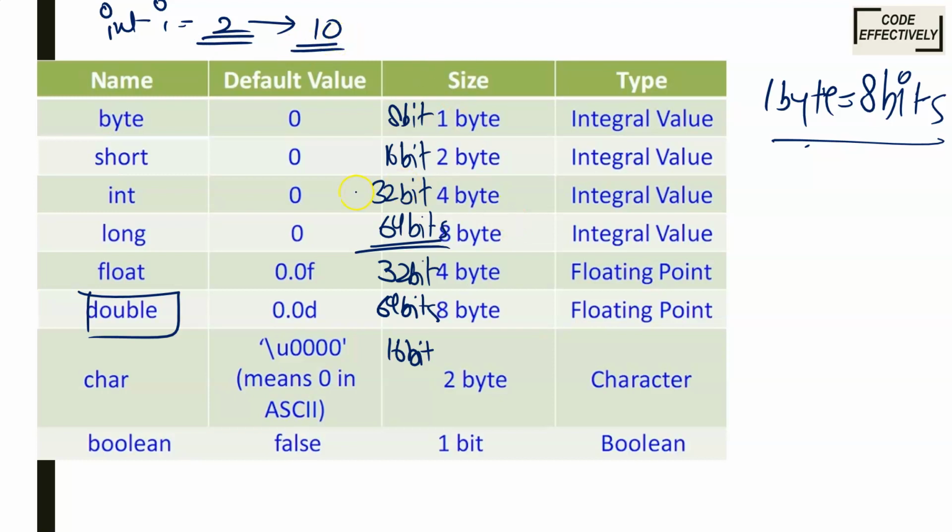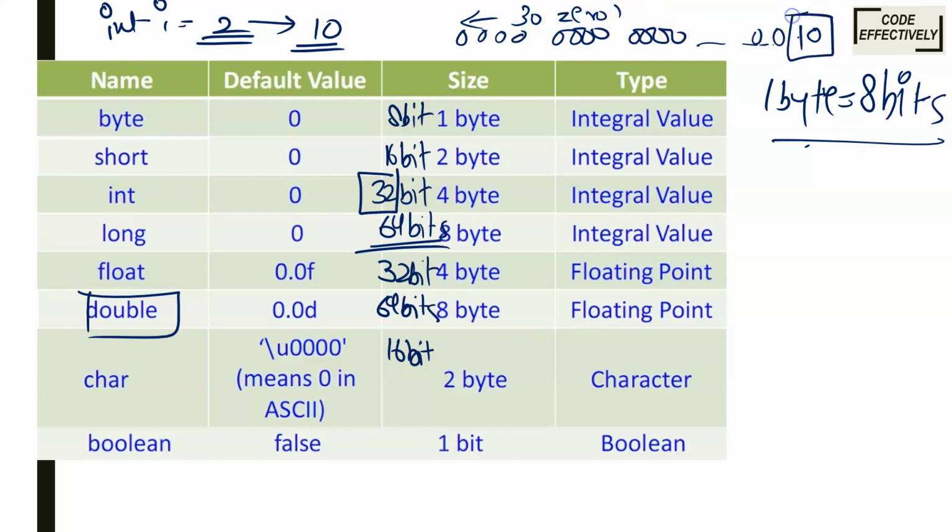Now the computer will use 32 bits to store it. The first 30 bits will be zeros, and at the end we will have 1 and 0.